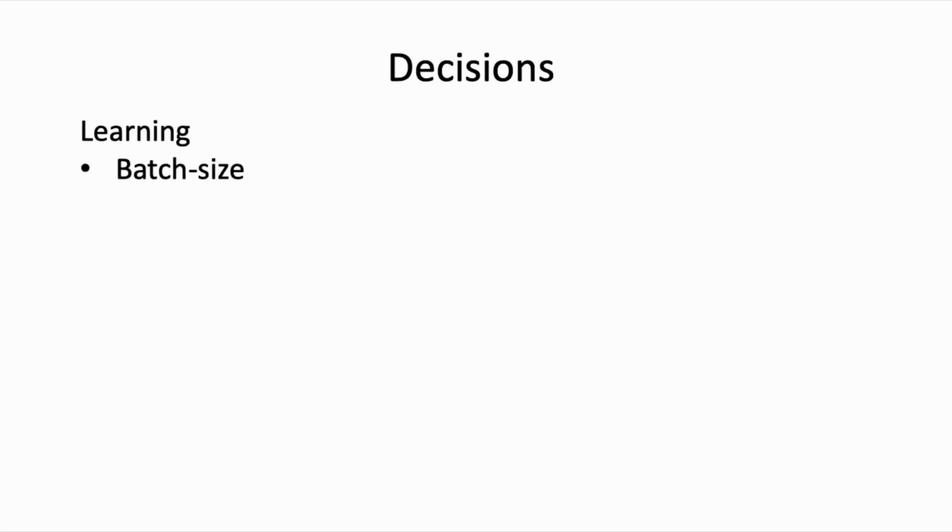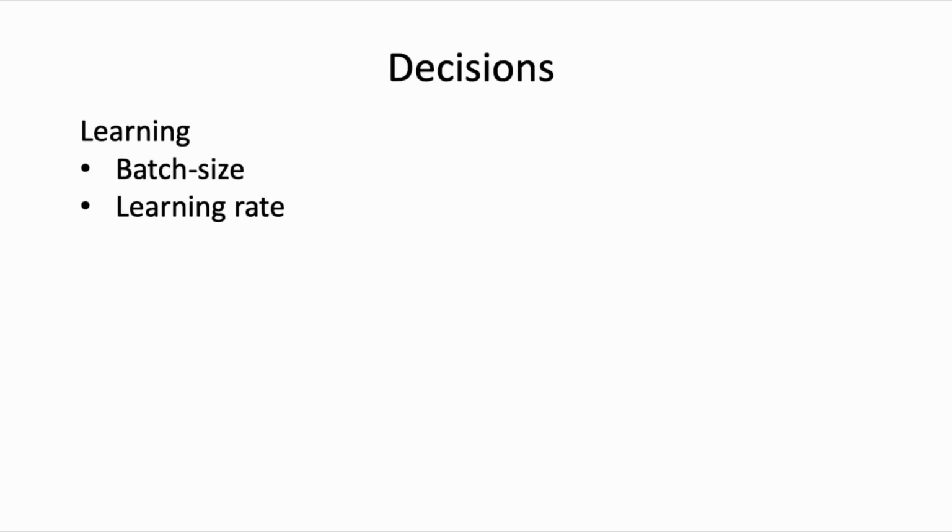Choosing the wrong batch size can cause the model to not converge. We also have to choose the learning rate, which is the number you multiply the gradient by when updating your weights and biases. Again, this can make or break whether your model ever learns anything useful.